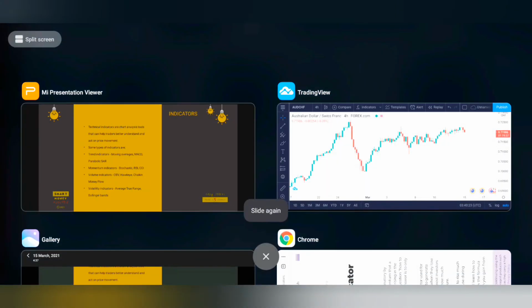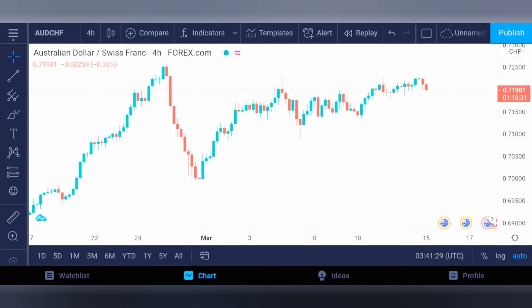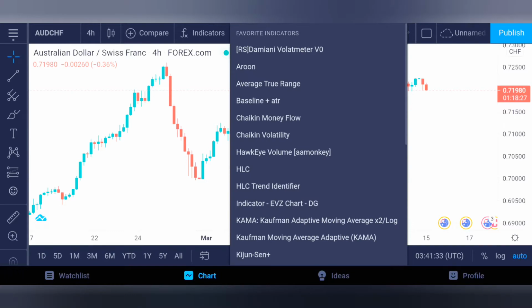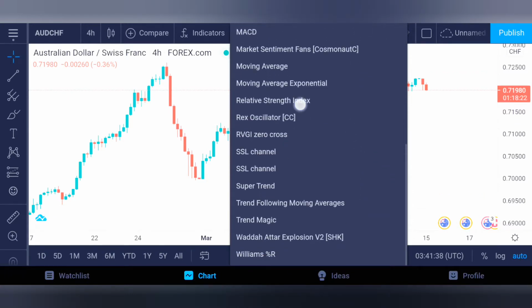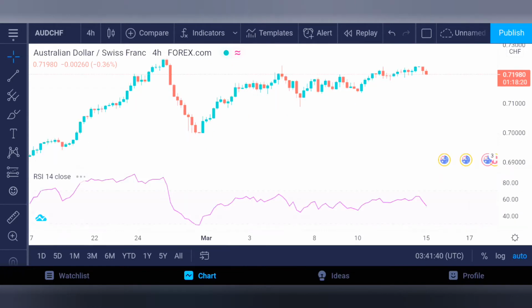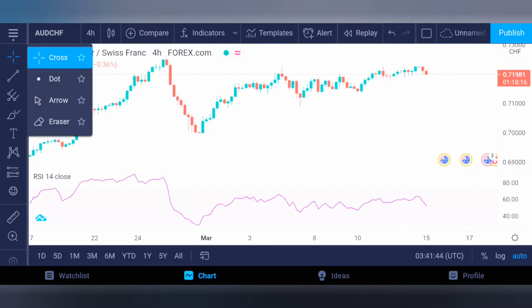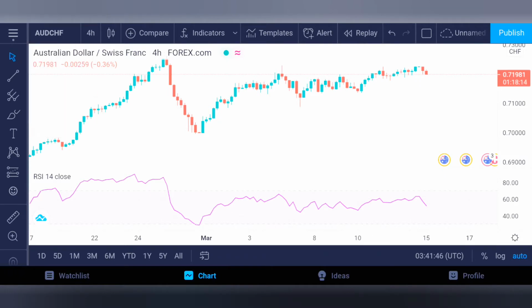So now here's the chart. Let me load one of them onto the chart, the relative strength index. Yeah, this is the relative strength index. Now let me remove this, just leave the arrow.